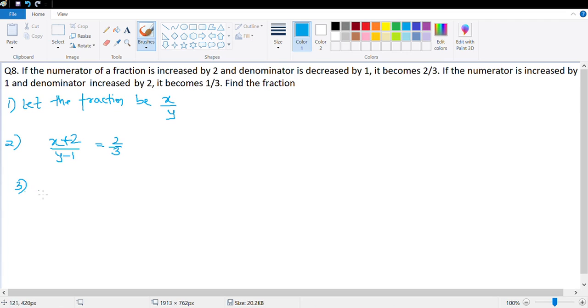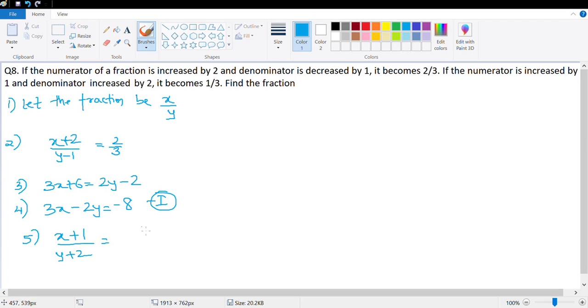Let's cross multiply. So 3x plus 6 is equal to 2y minus 2. 3x minus 2y is equal to negative 8. So that's our first equation. Next, if the numerator is increased by 1, which means x plus 1, and the denominator is increased by 2, which means y plus 2, it becomes 1 by 3.